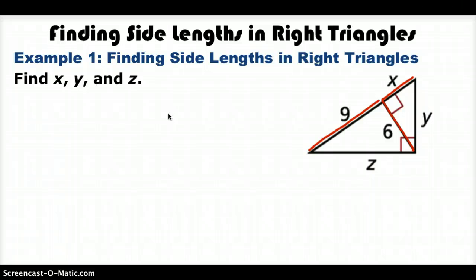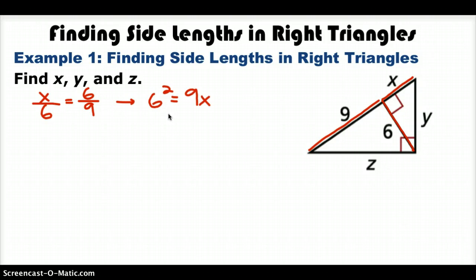We're going to set it up like this: x is to 6 as 6 is to 9. We can skip this first step if you'd like and go right to saying that 6 squared equals 9x, and that would be okay.